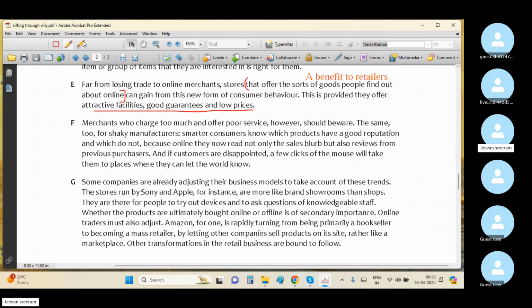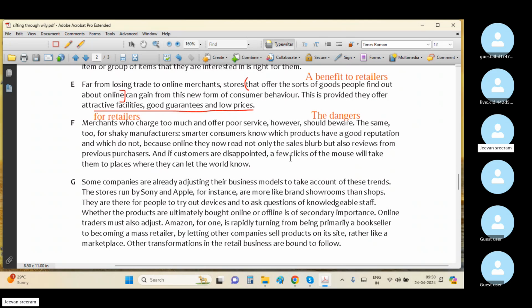Yeah, here we go. The dangers for retailers should beware. Should beware means should be alert. The dangers can also be customers can, this is also the danger, no?